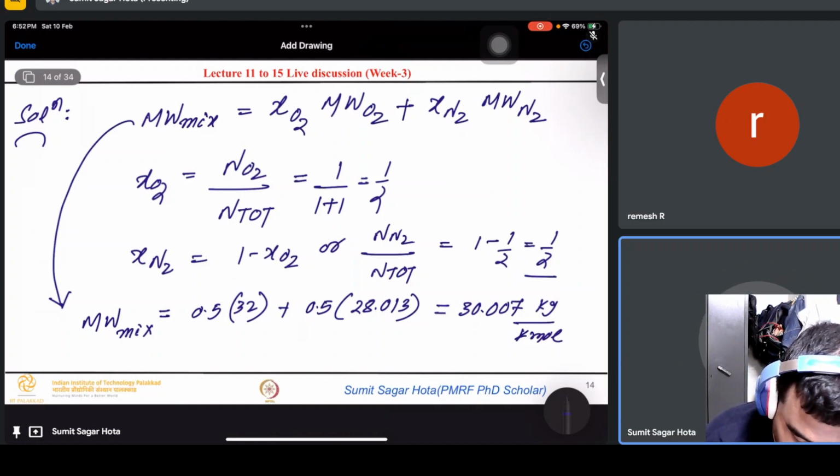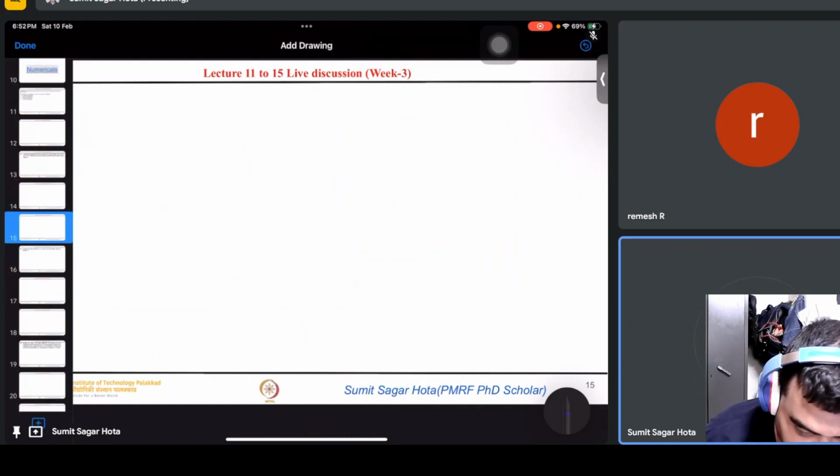Now what we do, we just apply the ideal gas equation here, to find out the rho.